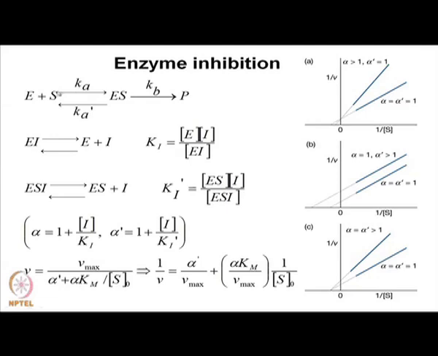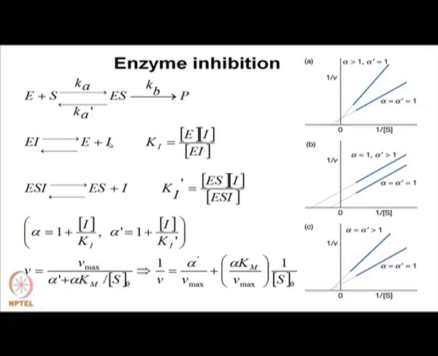K is the forward rate constant for ES formation, and this is the backward rate constant, the dissociation of the ES complex. The moment you add some inhibitor, what is going to happen?